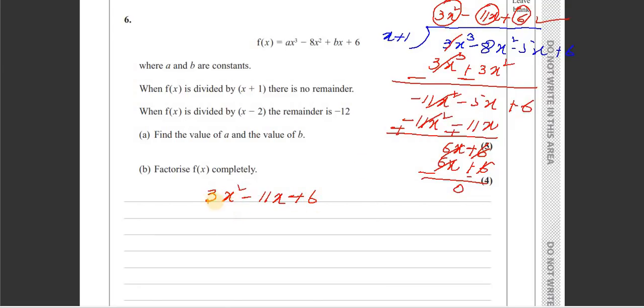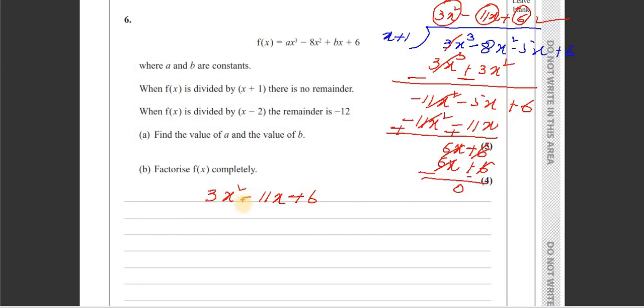Generally what happens in these types of question, this quadratic factor can be further factorized easily. You can factorize with the help of the quadratic equation, or you can use completing the square, whatever method suits you, but generally it is factorized easily.